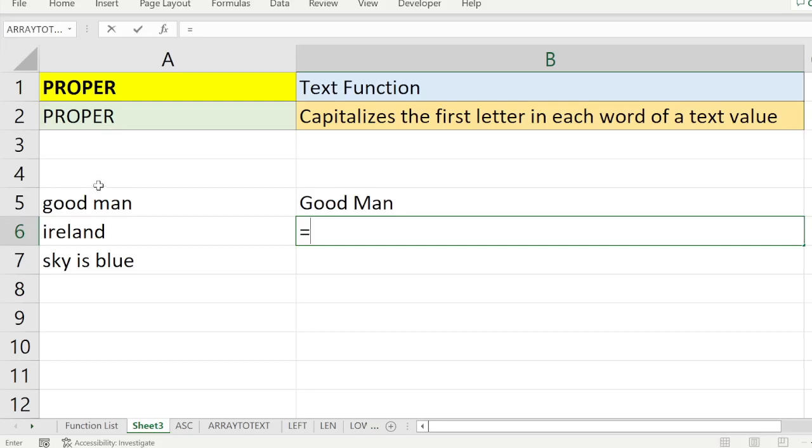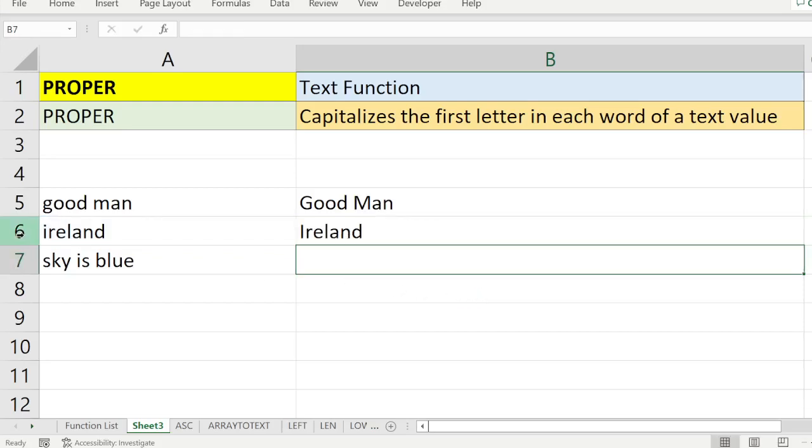See, if it is only one word, then PROPER of "ireland", all of them in small letters, Ireland, I becomes the capital letter.